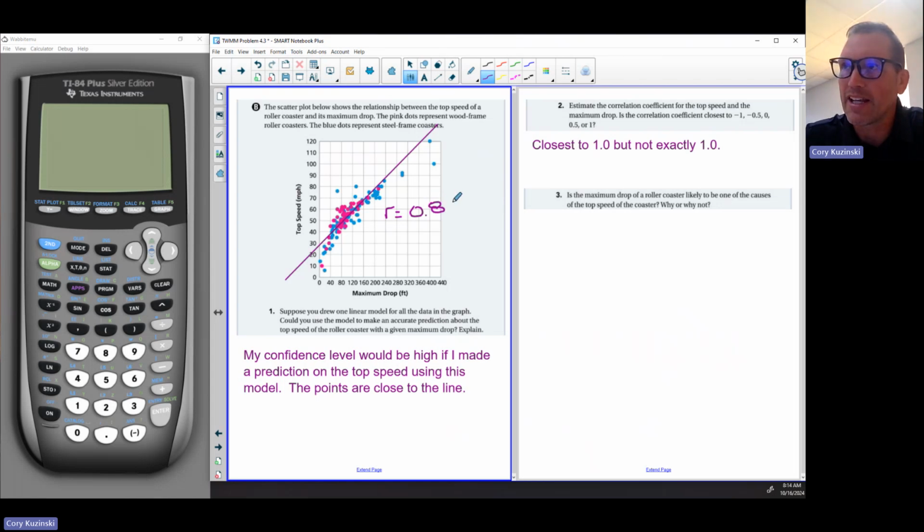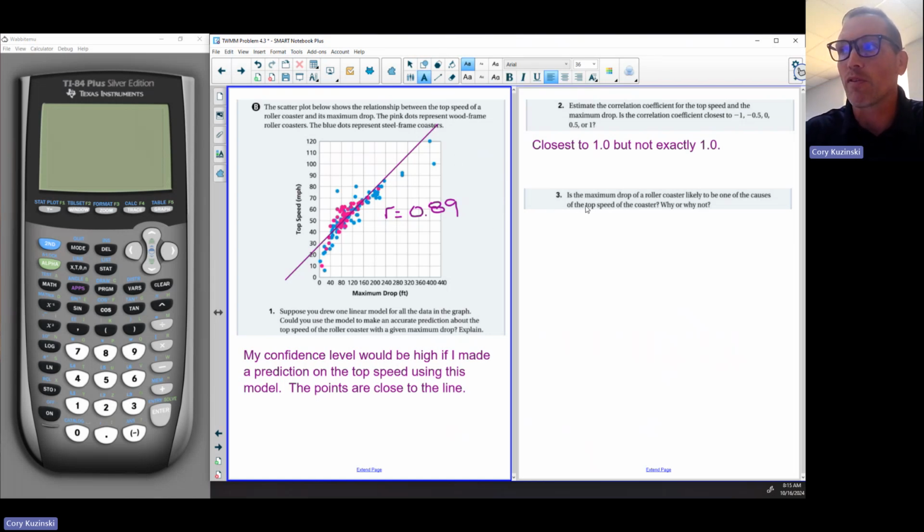We're not going to get into too much how to calculate it, but trust me, I stole this out of the textbook answers. The correlation coefficient of that data is 0.89. So it's closer to 1 than it is to 0.5, right? So it's a pretty strong correlation coefficient, not hugely strong. You want it over 0.95 to be really, really strong, but there's a decent correlation there.